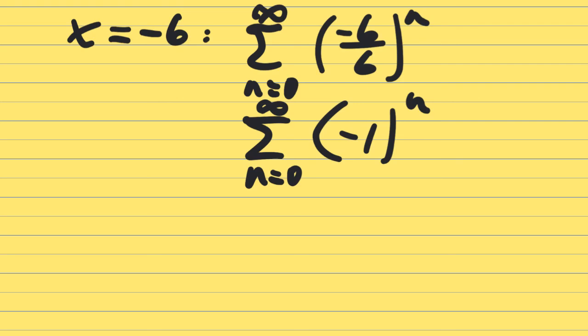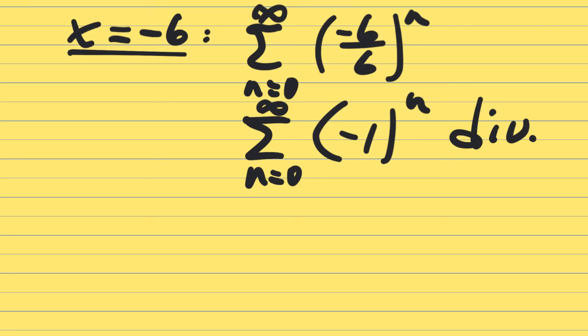Remember back when we did the alternating series test, whatever is next to this sign alternator, which actually there's nothing there, it's like a 1 that you can't see, that's not going to converge. So when x is -6, the result is a divergent alternating series.